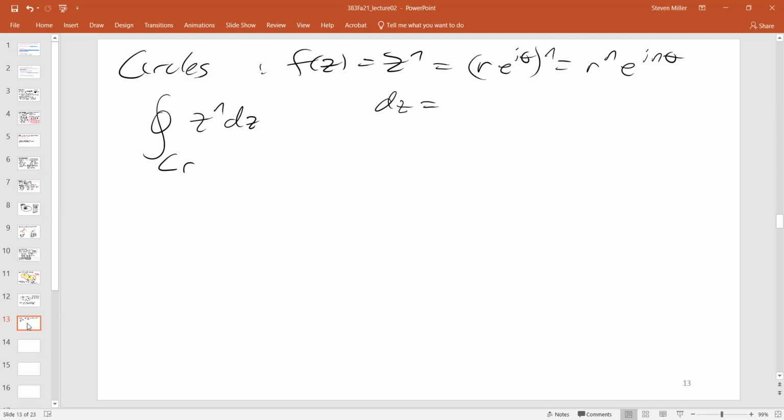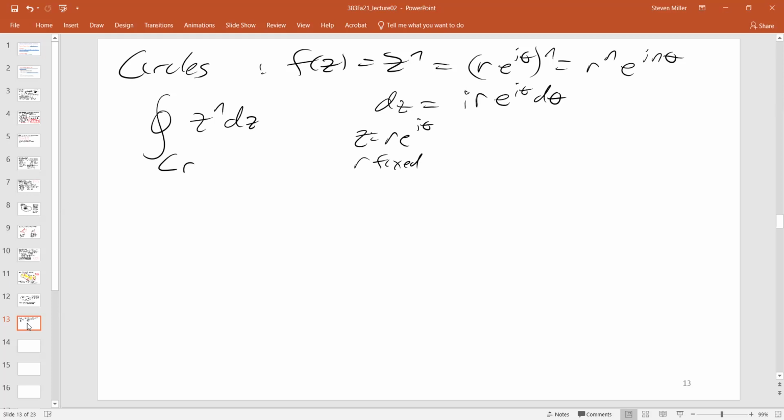My function f of z doesn't impact what dz is. dz is just the derivative of z. So if z is r e to the i theta and r is fixed, dz should be i r e to the i theta d theta. And again, we're just arguing really fast and loose right now.